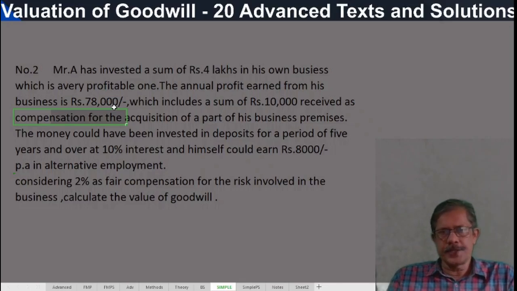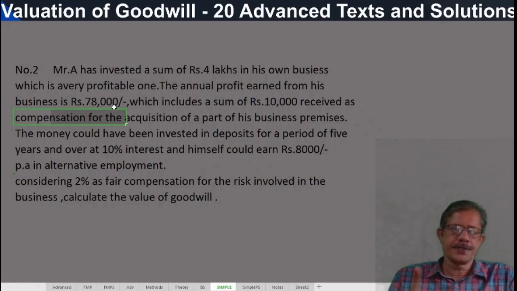In the future, this income will never recur, as it is a non-operating income. In coming years, he can maintain only operating profit. This compensation will never be received again. So this income should be deducted from the year's profit.